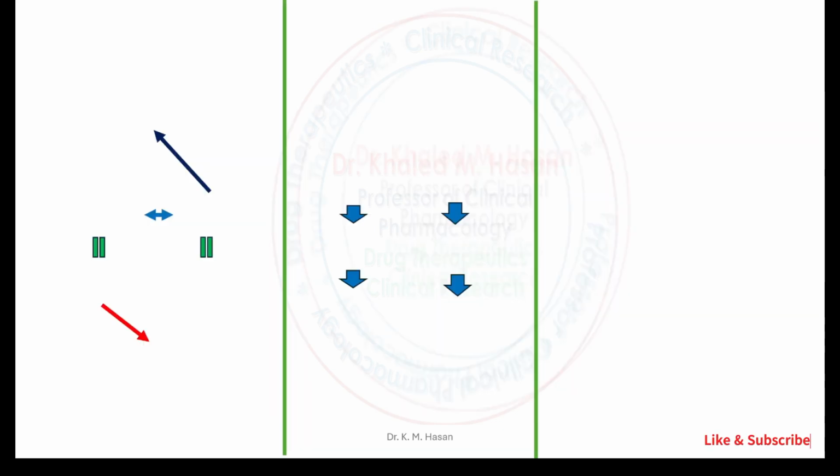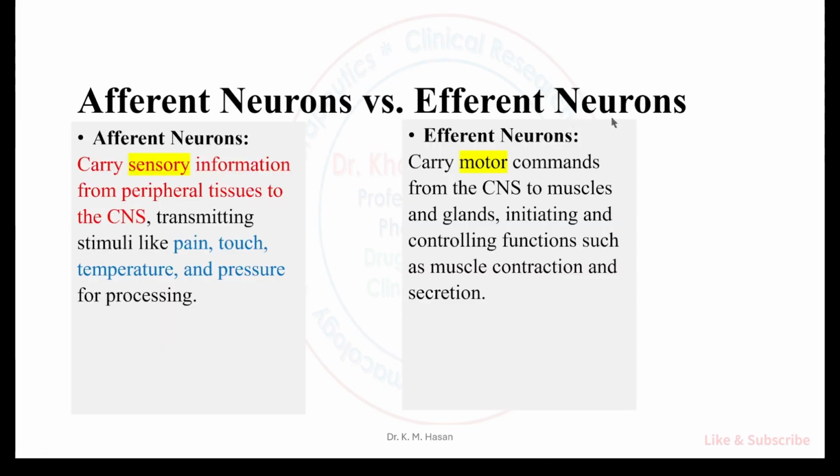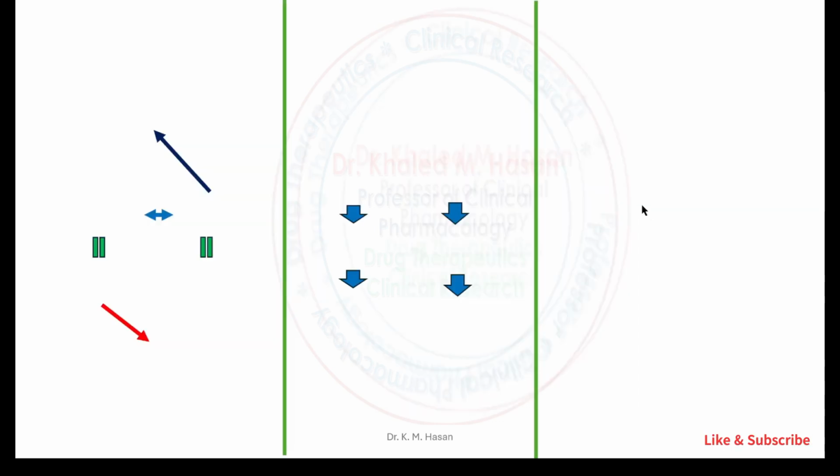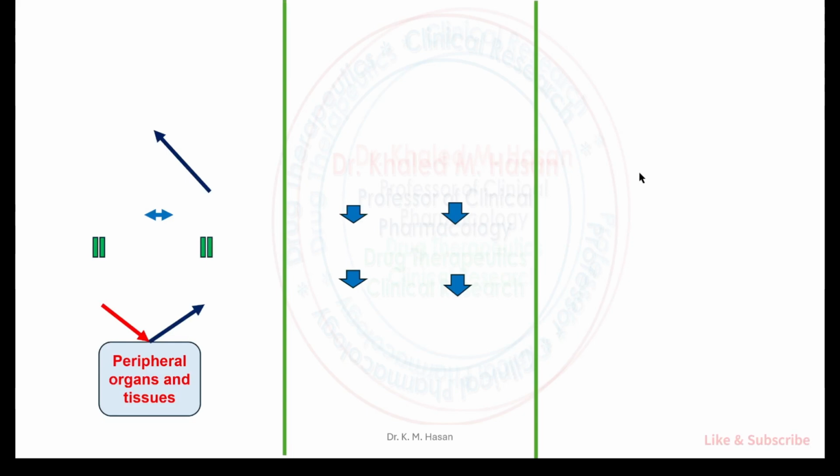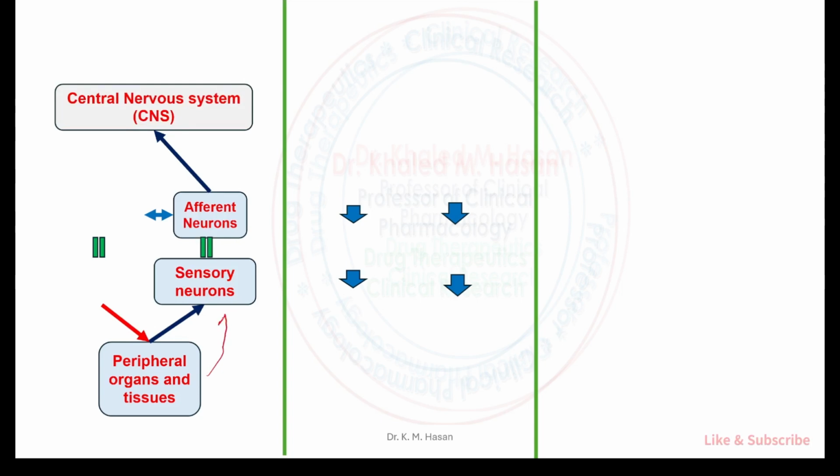Okay, let us speak about the autonomic nervous system parts and divisions. As you can see here, the main function starts from peripheral organs and tissues, which send the sensory signals related to pain and temperature to the neurons, and through the afferent neuron, this brings the information to the central nervous system.